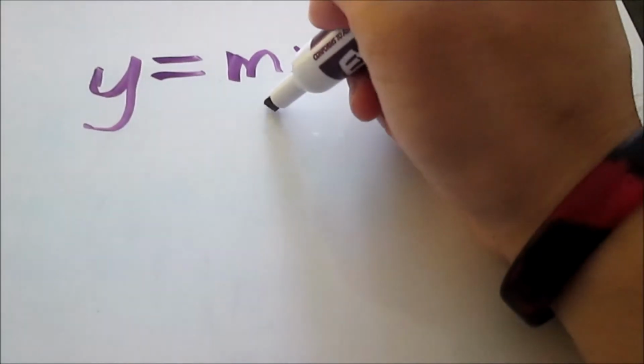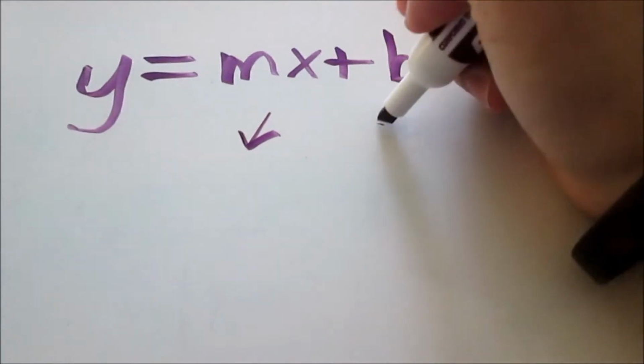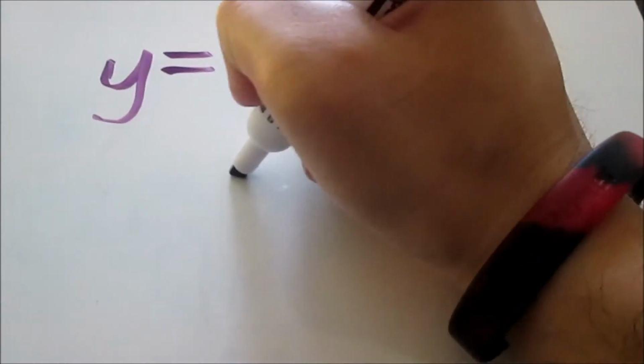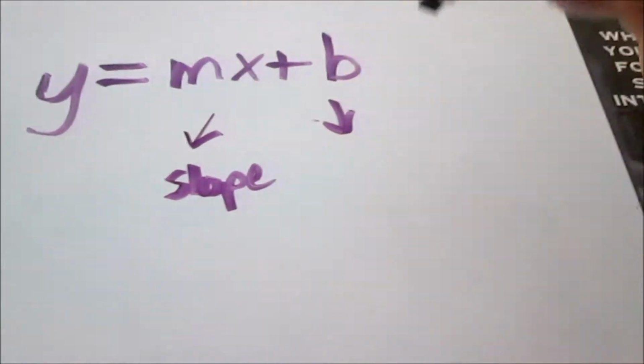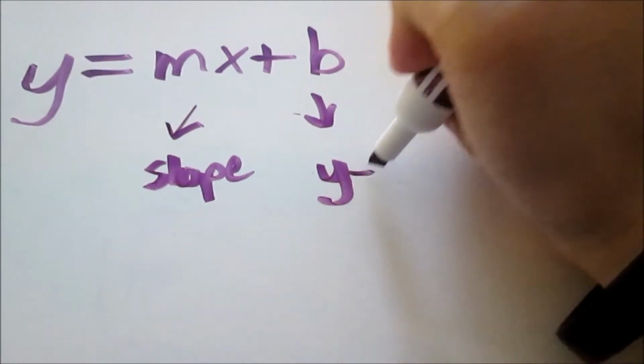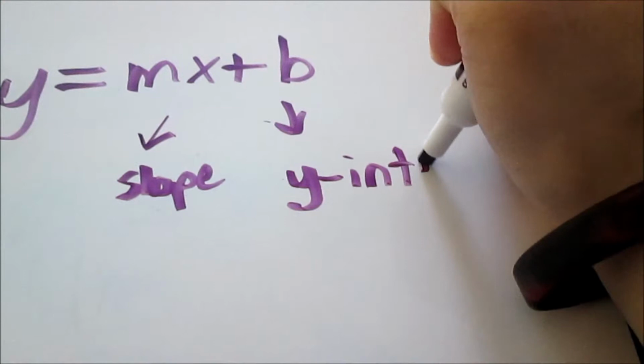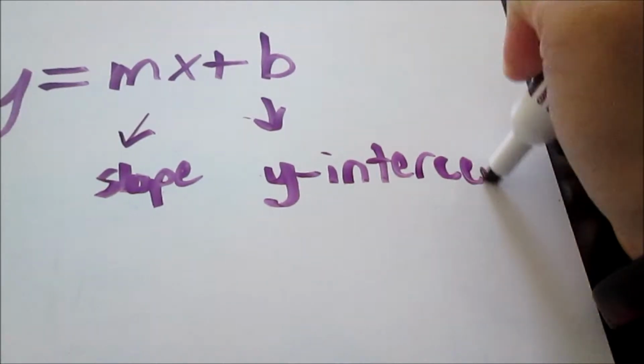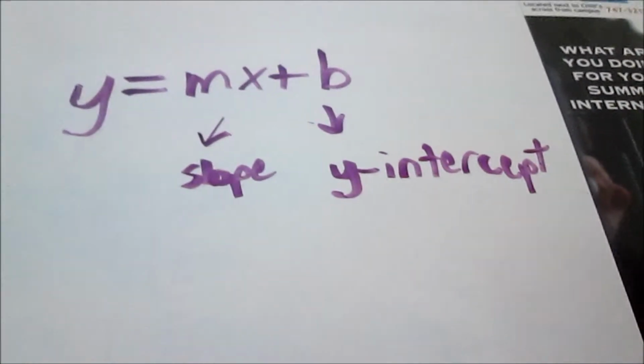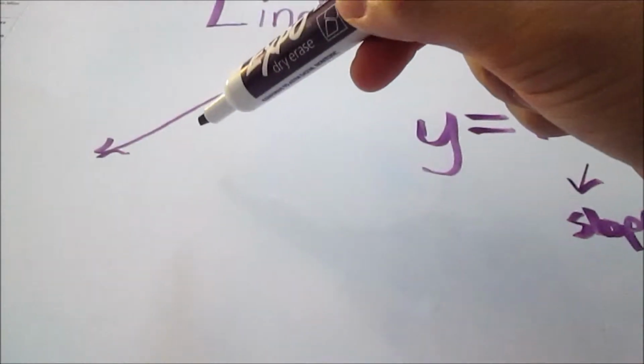The two parts, m and b, are called slope and y-intercept, respectively. They both have an important part in making the straight line.